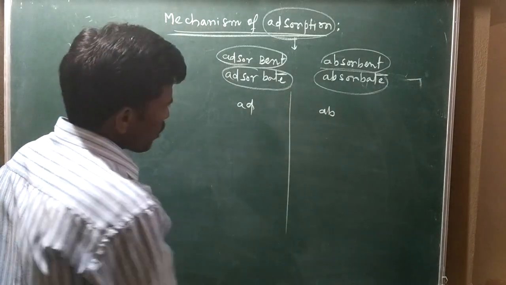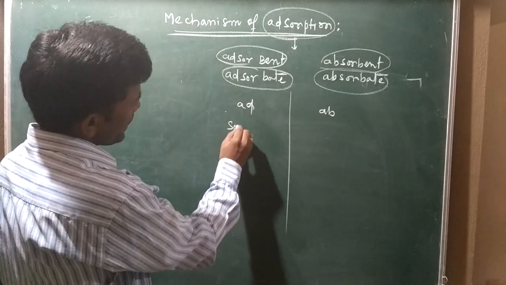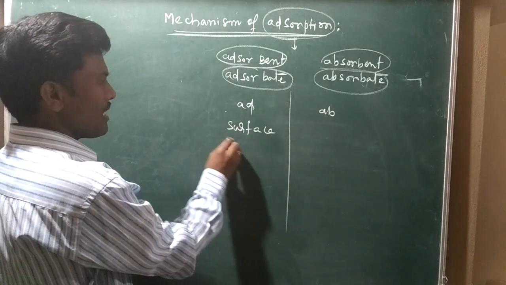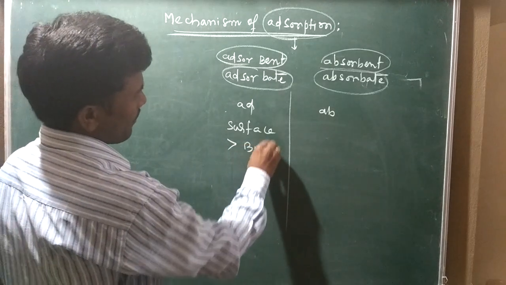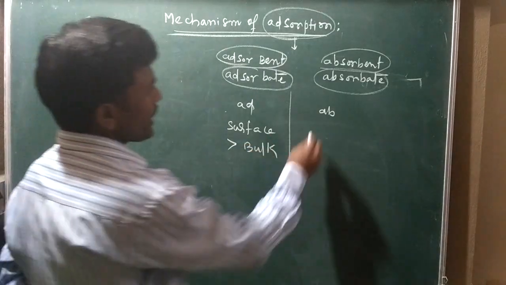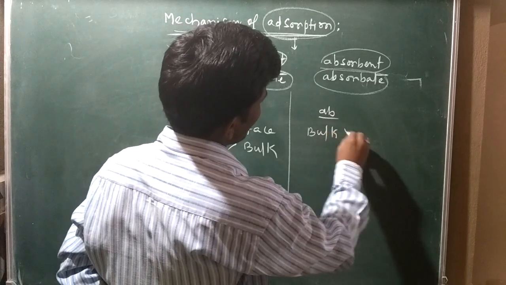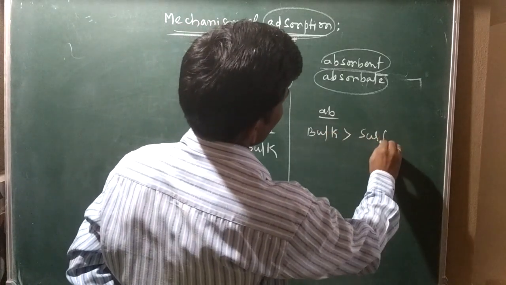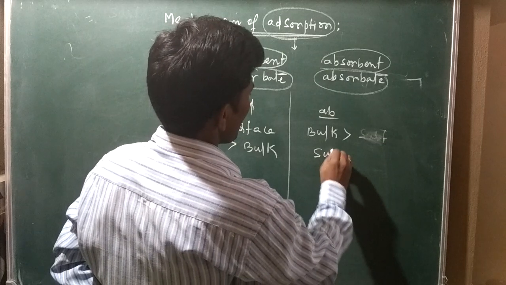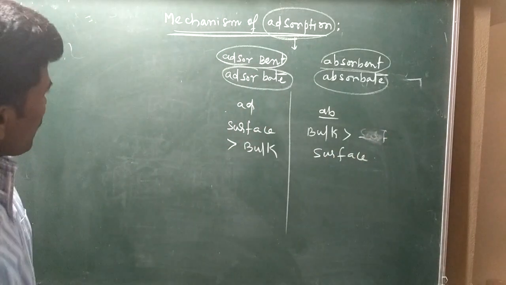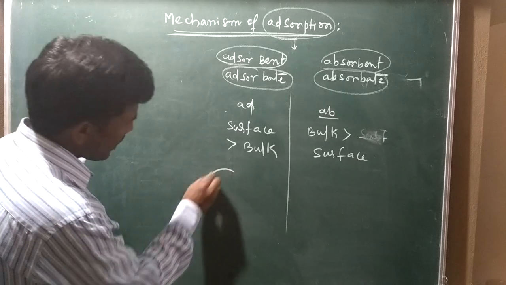Adsorption means it is interacting only up to the surface rather than the bulk phase. Absorption means it is interacting up to the bulk phase rather than the surface. That is the difference. I will also take an example.